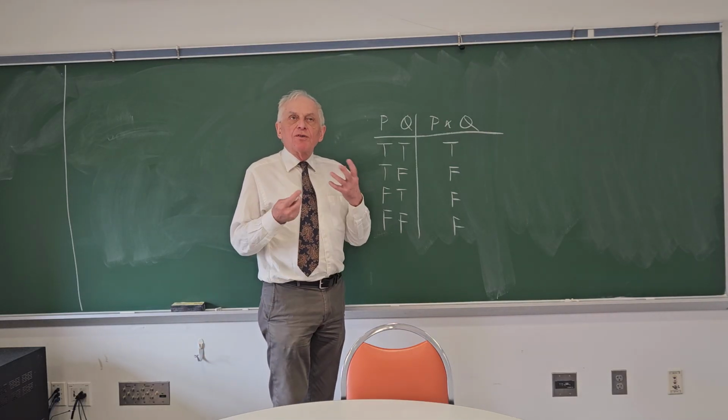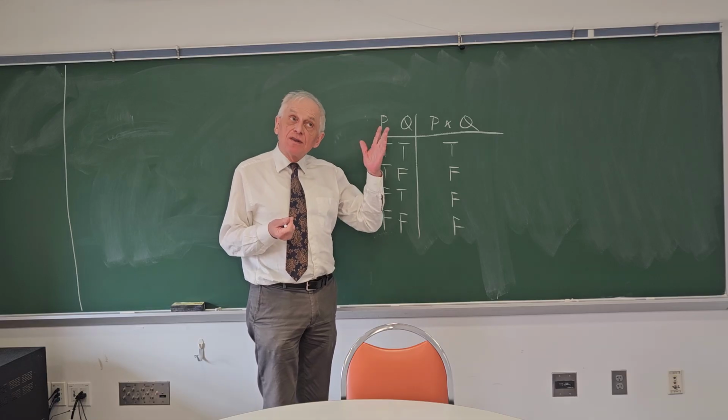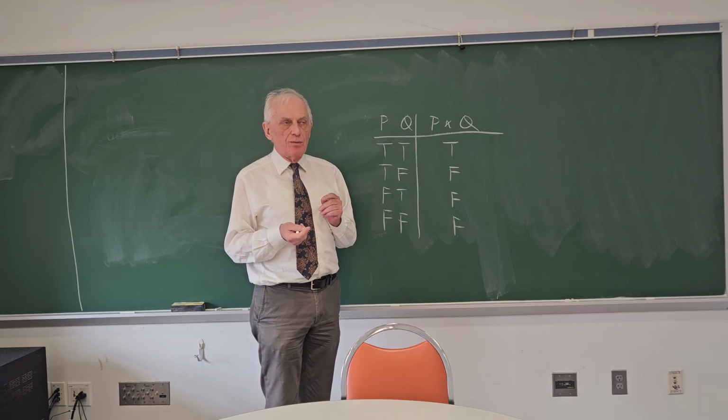So what do we know when we know a conjunction is true? We know that its left conjunct is true, and we know that its right conjunct is true.